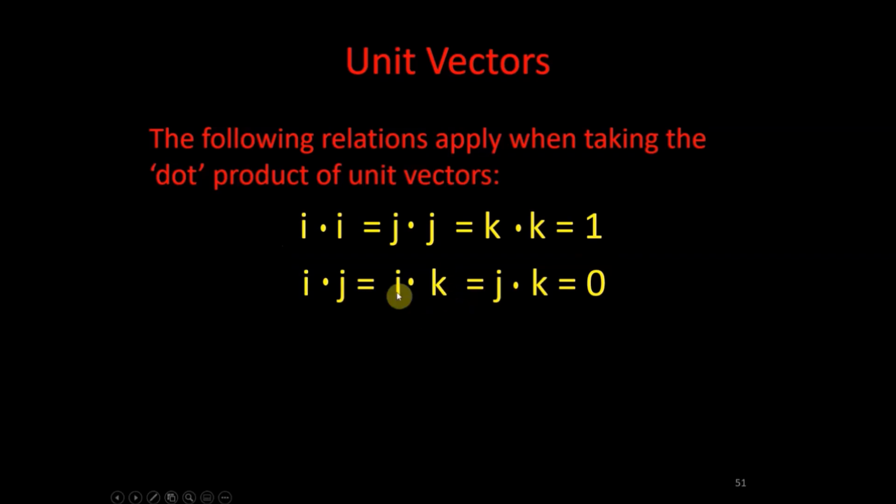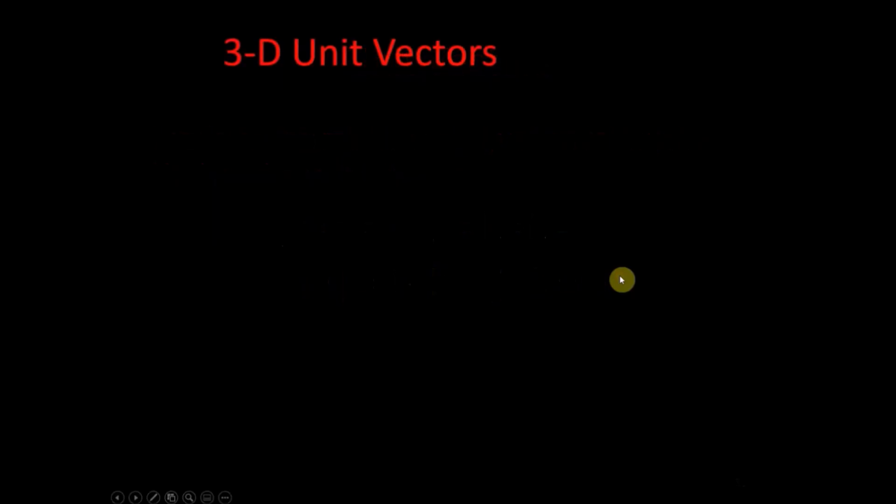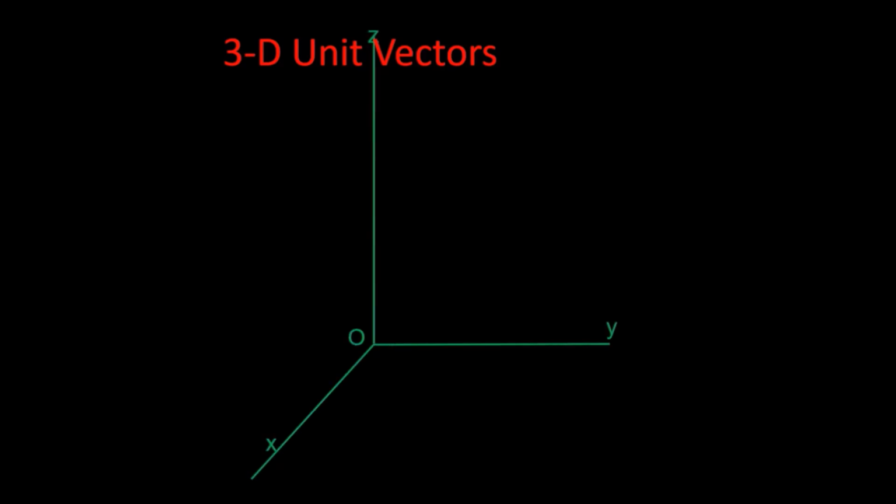We cannot multiply our vectors by another vector that is not in the same axis. This gives us our 3D unit vectors in terms of our i, j, and k unit vectors.